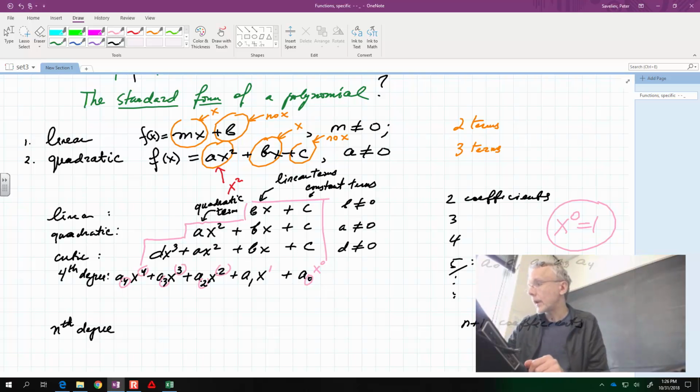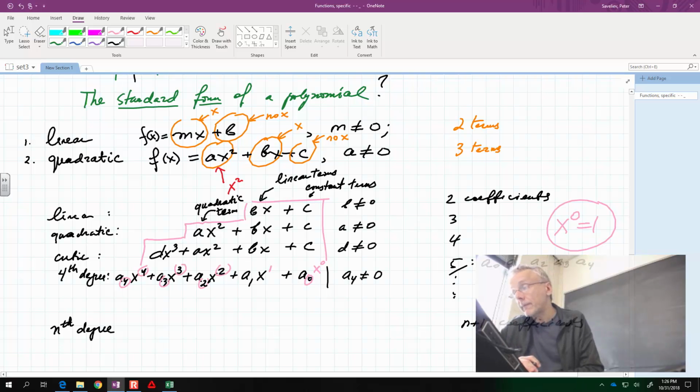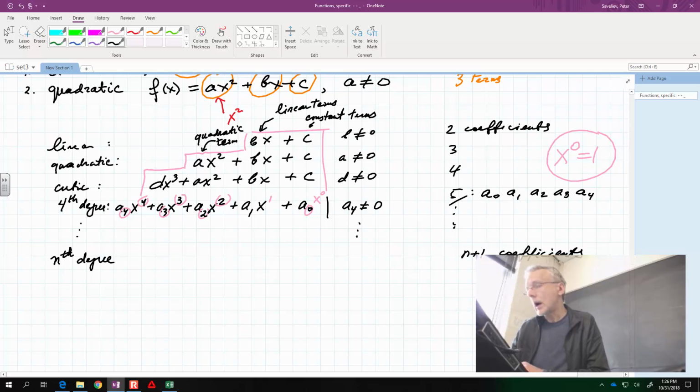Once again, we require A4 not to be equal to 0 to call this a polynomial of degree 4. And so that's how we work it out. The nth degree polynomial, at least as a starting point, let me write it once. We'll get back to it, but you can imagine that it starts with an x^n, a(n minus 1) x^(n minus 1).